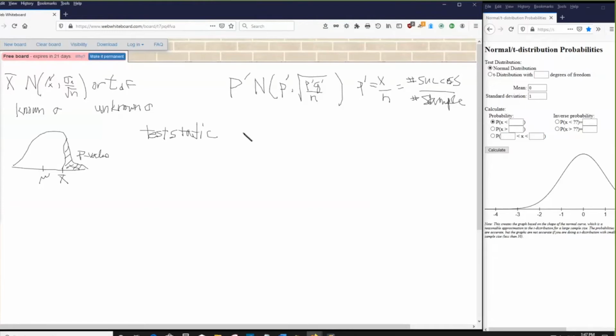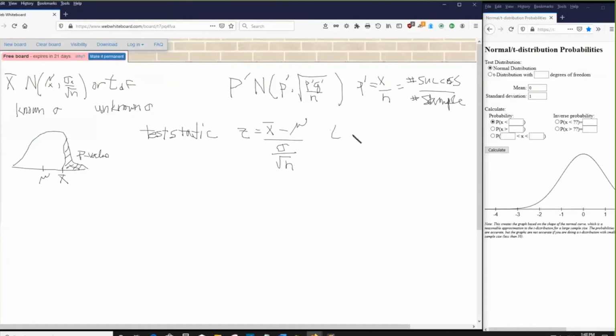And we get that z-score by taking whatever is the sample mean minus the population mean divided by the population standard deviation divided by the square root of n. And our t-scores are going to be the same.